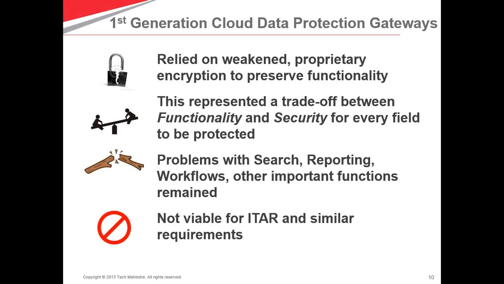But what happens is that at that point you actually have what's called field expansion. The token can become too large to actually allow you to enter the value in that field, and then that ultimately breaks search, it breaks reporting, it breaks workflow, and many other important functions that you would use would be rendered useless.